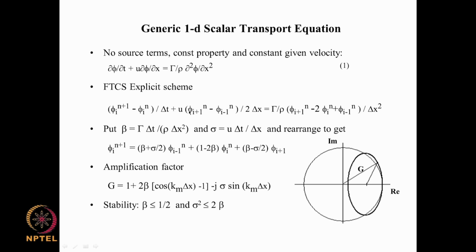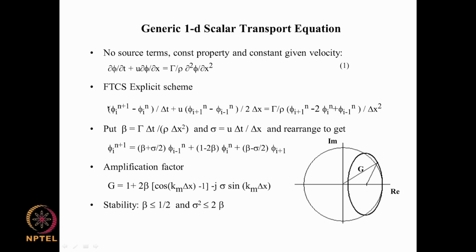The convective term is done using central scheme. U is constant, so we write it as u times phi I plus 1 n minus phi I minus 1 n divided by 2 delta x, this n making it an explicit method, and this is equal to gamma by rho, which is constant, times the central difference explicit formula phi I plus 1 n minus 2 phi I n plus phi I minus 1 n divided by delta x square.